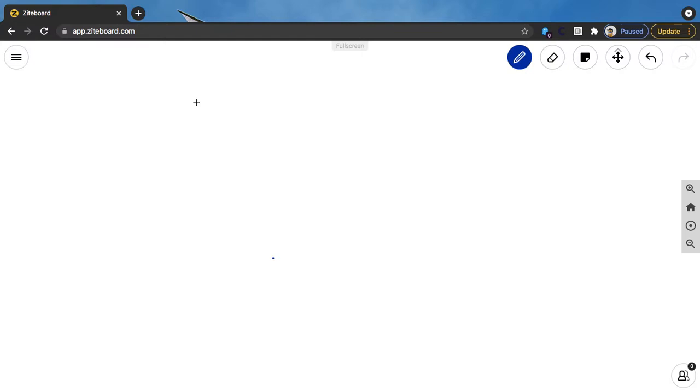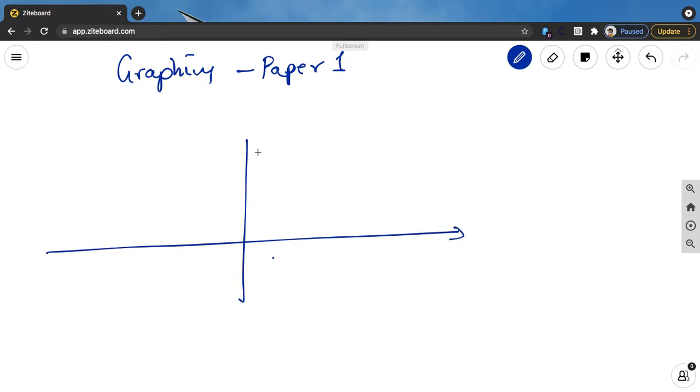We'll start with a new example now of graphing functions again. These are all graphing questions in paper 1, which means it comes without the calculator. So the question is this. There's a graph given to you. The dotted line always means that it cannot take that value.